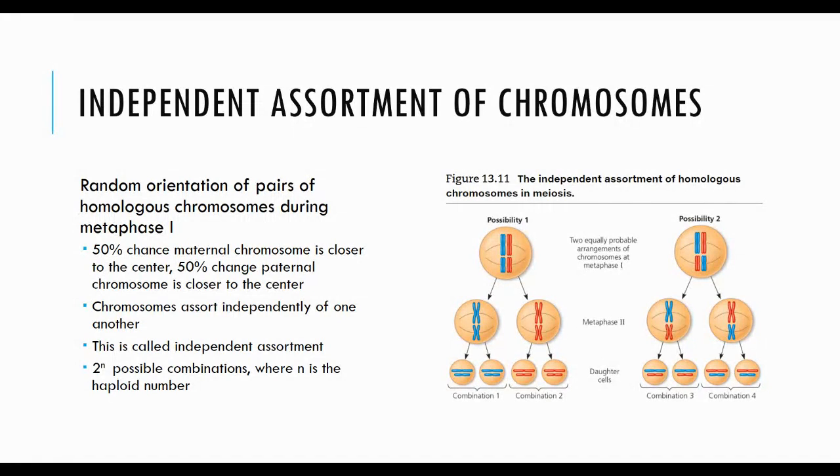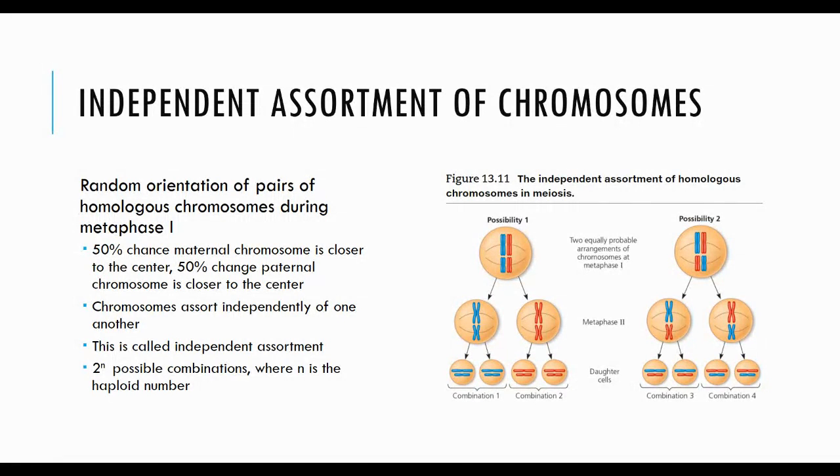Something to note here is that these chromosomes will assort independently of one another. Just because in possibility one the maternal chromosome is on the right-hand side on the top, that does not mean the next set will also align that way. It has a 50% chance of being the other way.